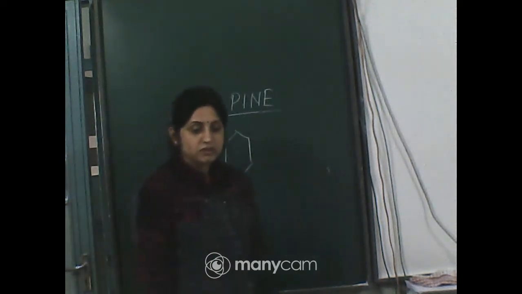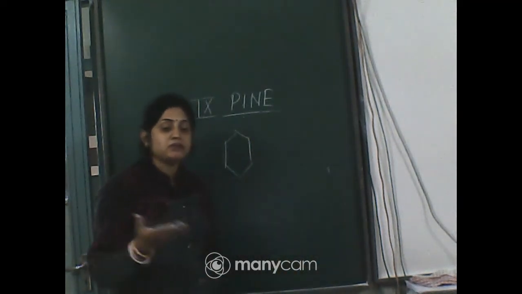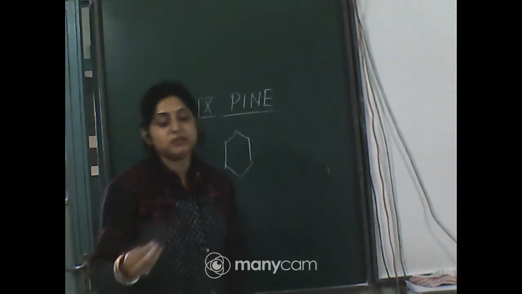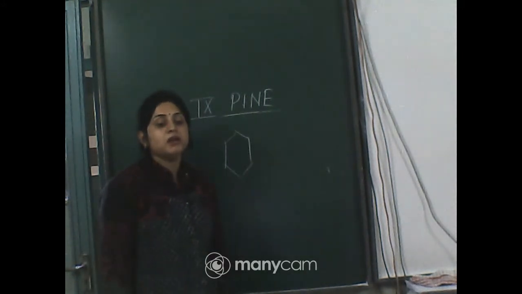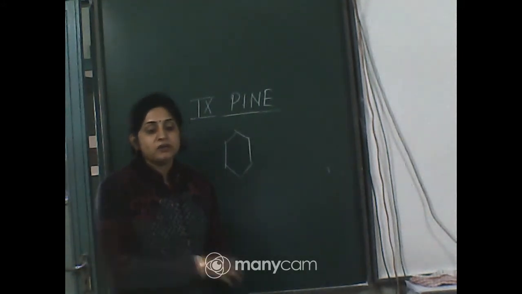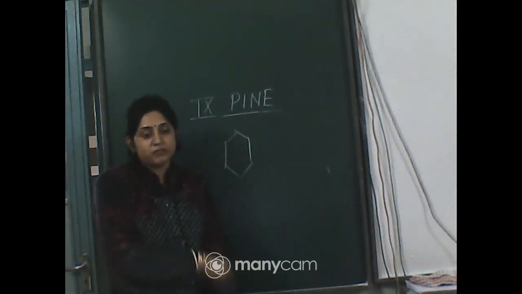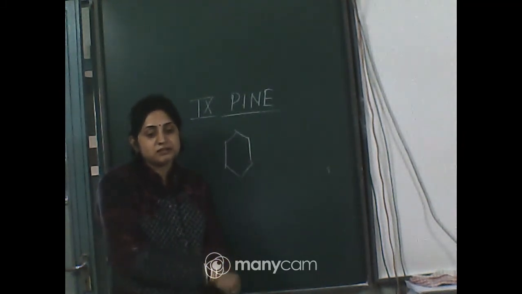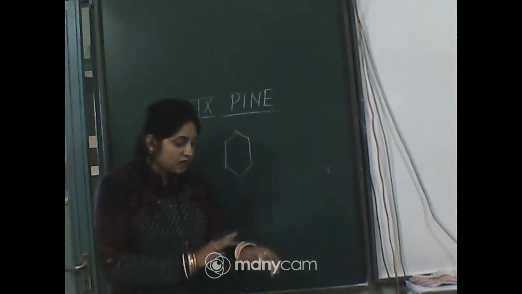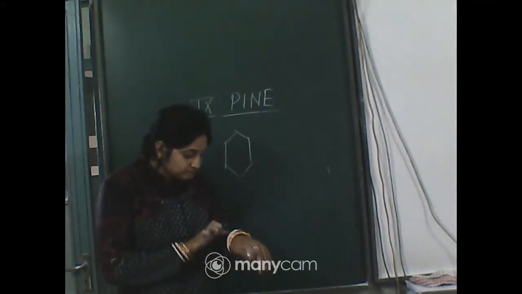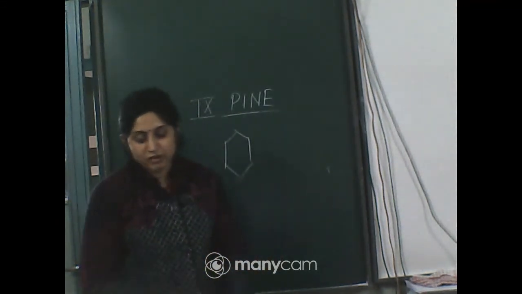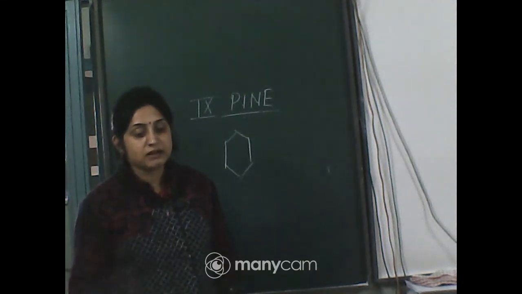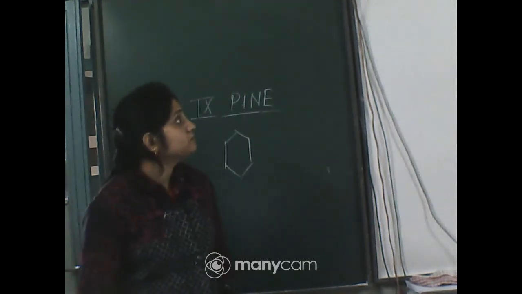Without stain you cannot see any single cell under the microscope. So that's why staining is done prior to mounting. Mounting means after staining, the stained cells are mounted. Okay, so staining is done to see clearly under the microscope.